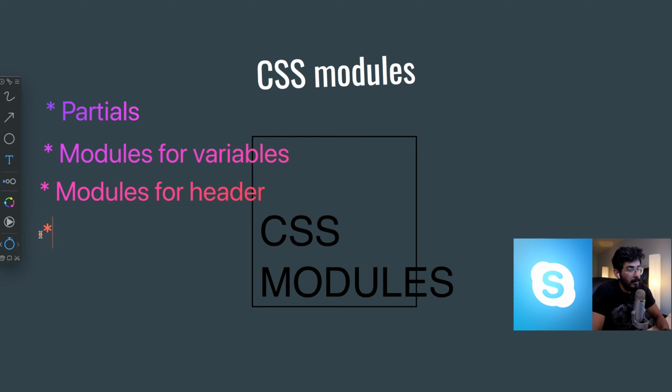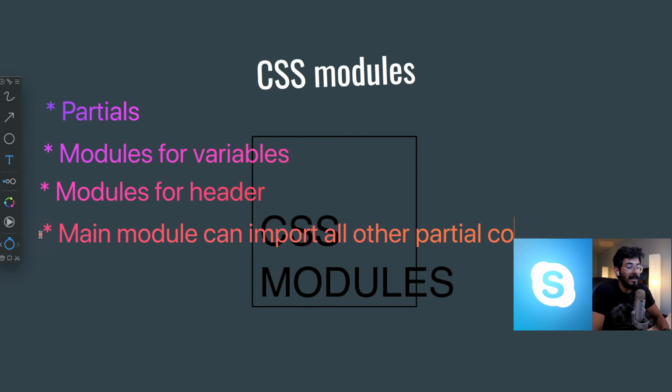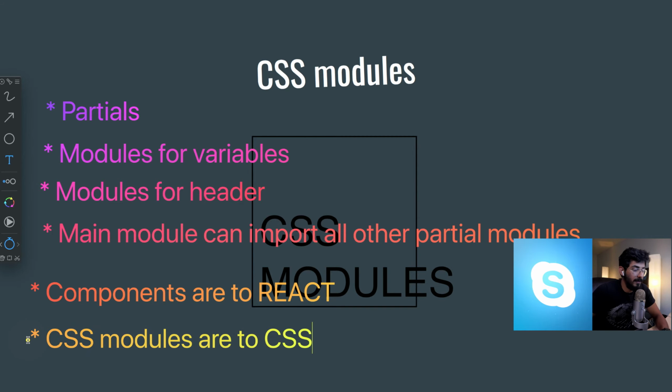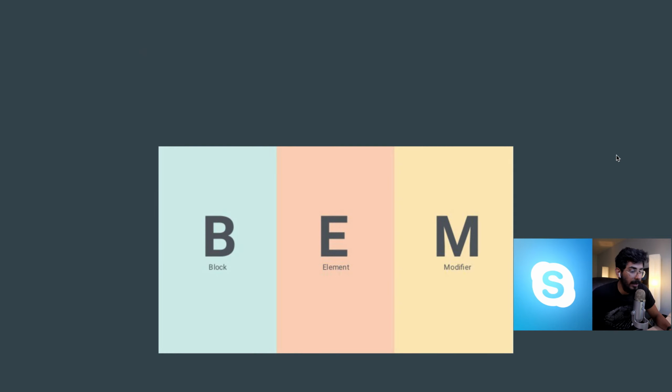It imports all of the other partial modules, the header module, the variable module, right? It's almost like component-based CSS, like React. Yeah, you basically split it up and that's it. Think of it like how components are to React, CSS modules are to CSS. Exactly. Dope.